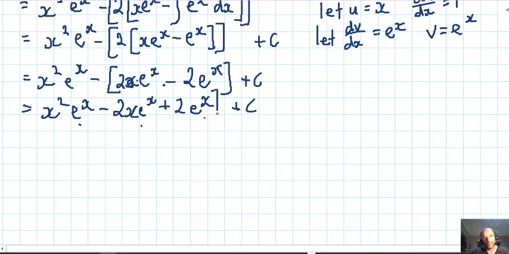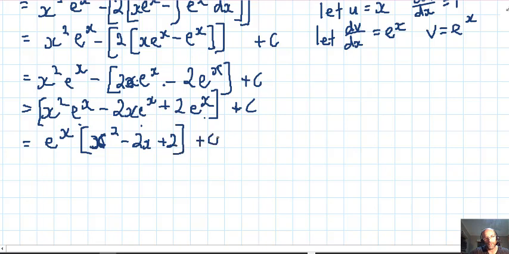So we've got e to the x outside of x squared minus 2x plus 2, plus c. Thank you very much.